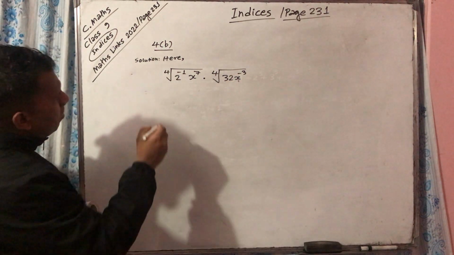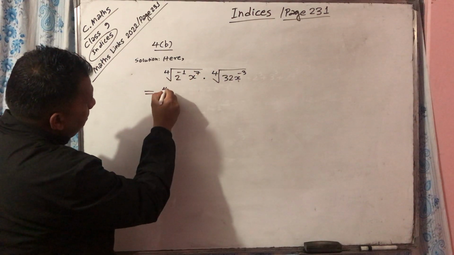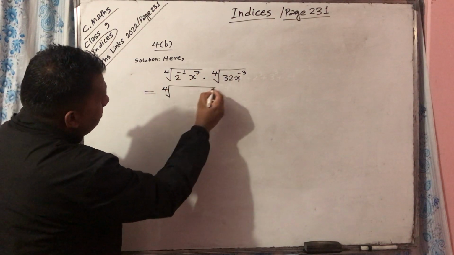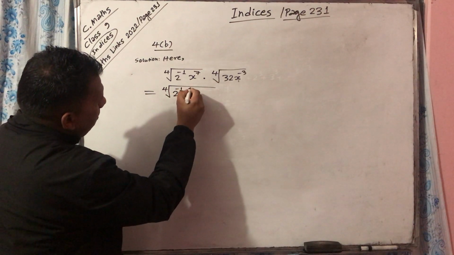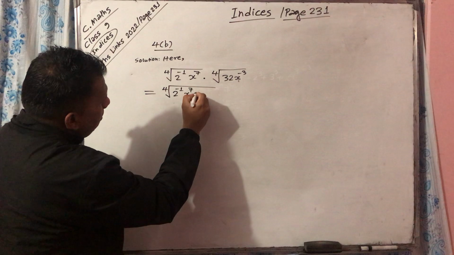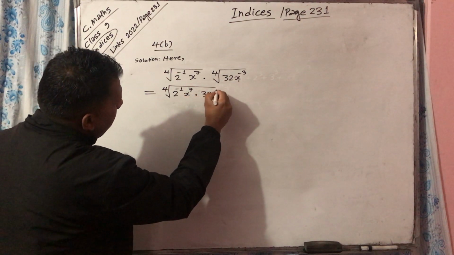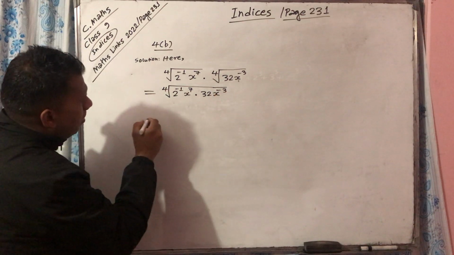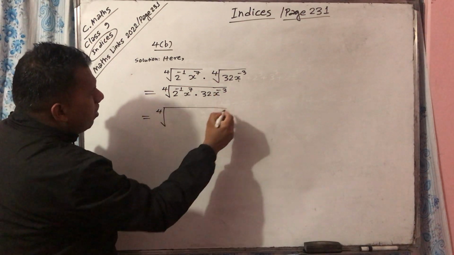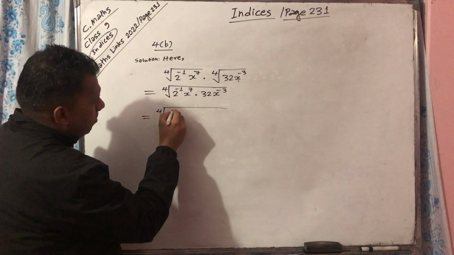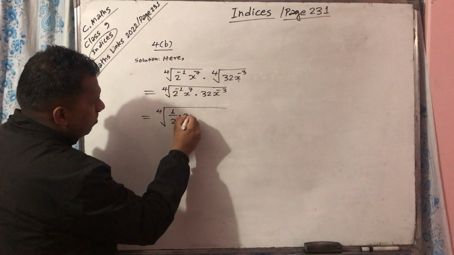Okay, students, this equals to, since the order is the same, 4, so putting in the single root, fourth root of 2 to the power minus 1 x to the power 7 times 32 x to the power minus 3. This equals to fourth root, 2 to the power minus 1, that is 1 by 2. This coefficient is 32.